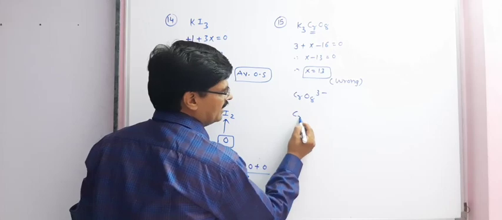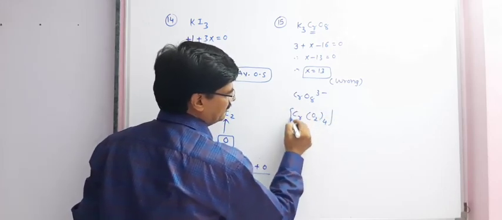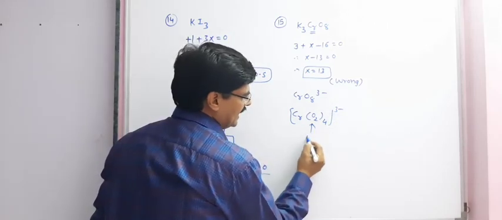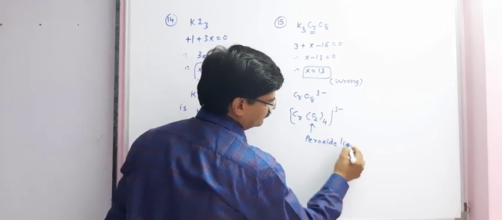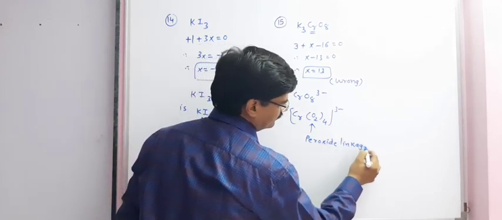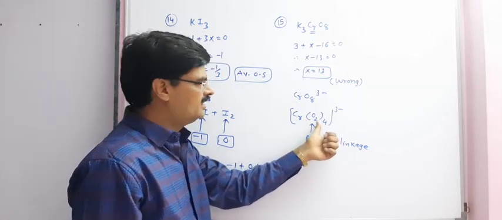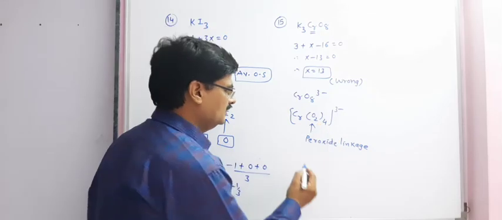CrO8 3- can be written as CrO2 4 times 3-. So these are peroxide linkages. In peroxide linkage, the oxygen oxidation state will be taken as -1.